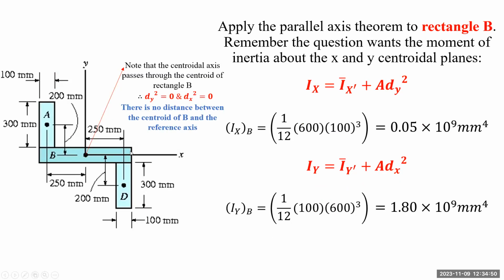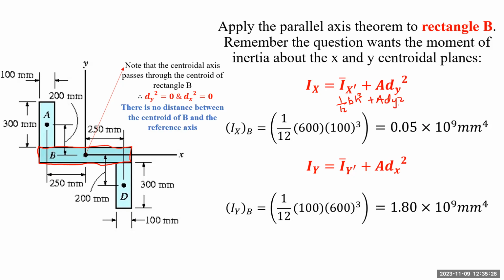All right. What about this one here now? Let's do this for the B section. The B is this section here, right here. So for the B, just going back over it again, using the same parallel axis theorem, this is going to be 1 upon 12 B H cubed plus A dy squared.